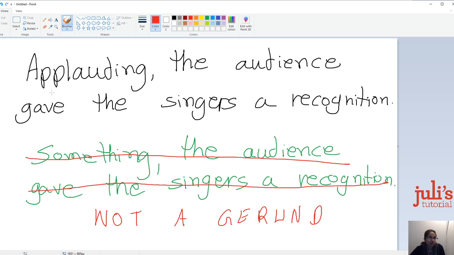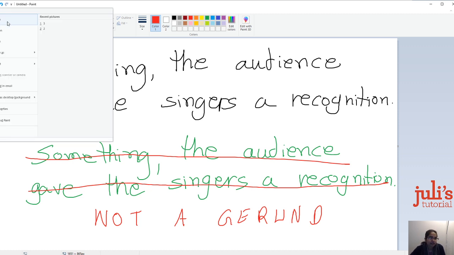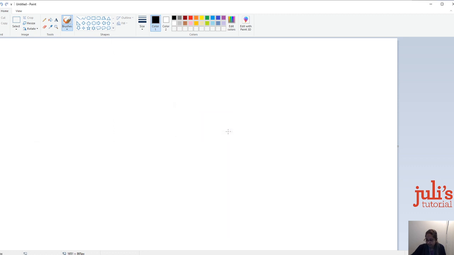We are doing infinitives. So remember the three types: gerund, participle, and infinitives. The third type.